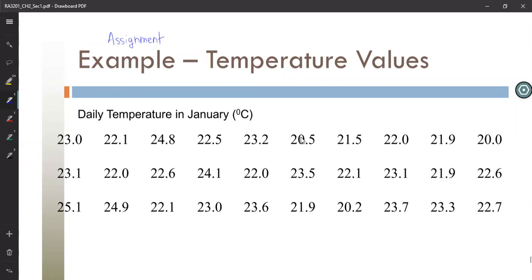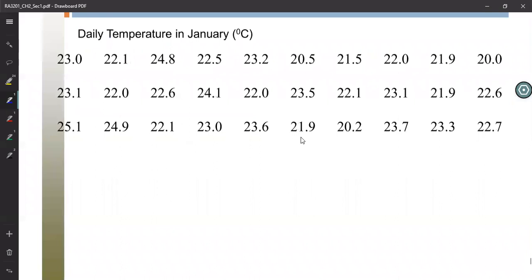Try to use your own scaling, one way of scaling or intervals, and come up with the histogram. Since this is continuous data, you can clearly see with the fractions.